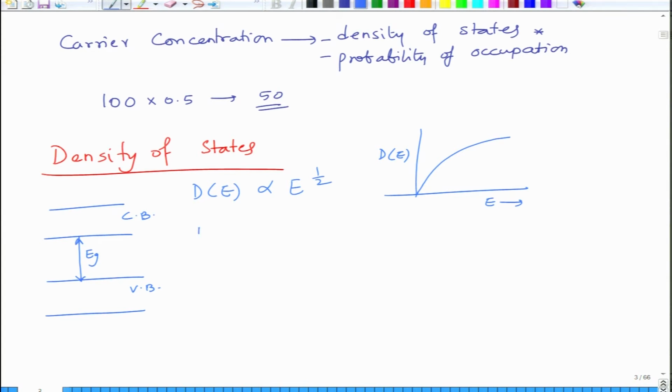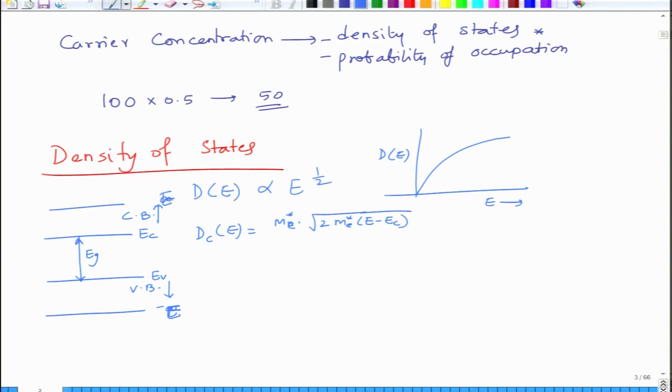So the density of states in the conduction band, dC(E), we write as Me star into square root of 2 Me star into E minus Ec. So this is Ec. Here it goes from Ec to positive energies, and here it goes from Ev to negative energies.